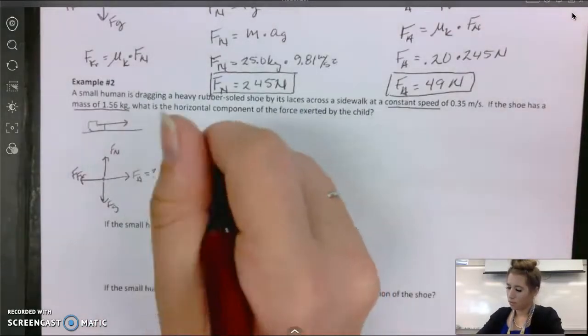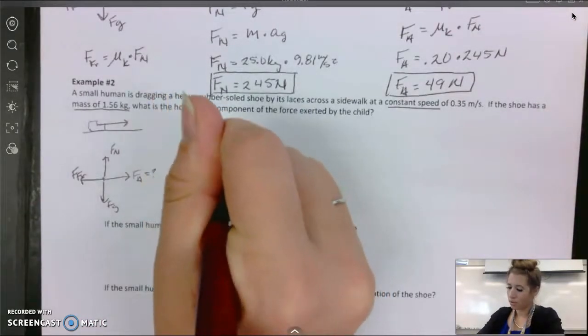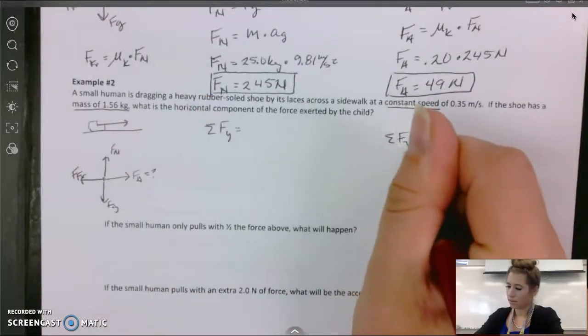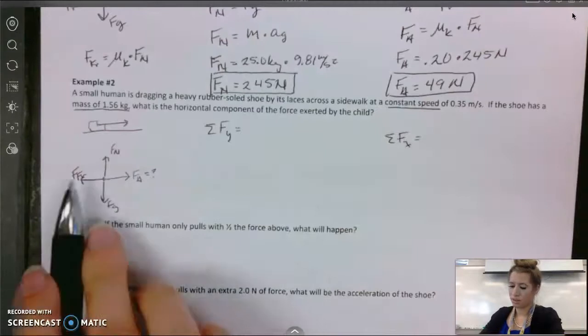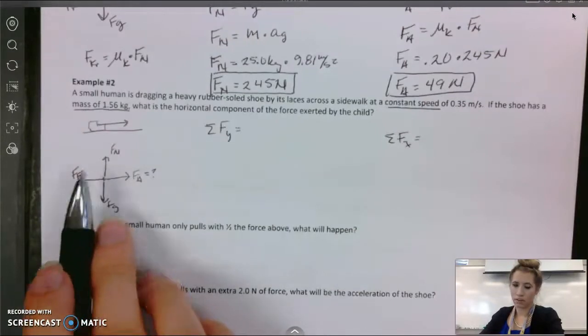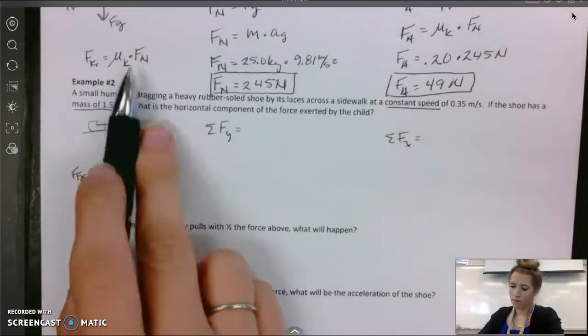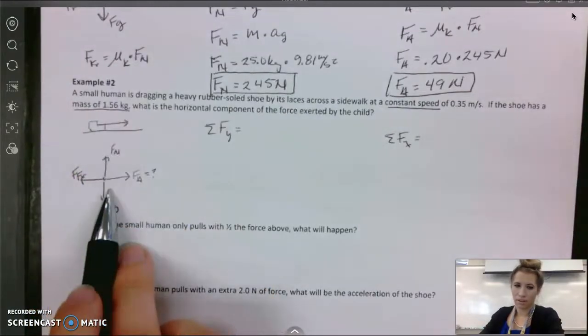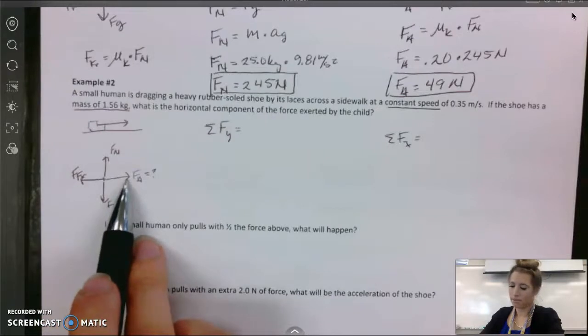So just like before, we're going to look at the sum of the forces in the y direction and then in the x direction. The reason for this is that we're dealing with friction, which includes the normal force in its equation, so it's likely that we'll have to solve for that first.